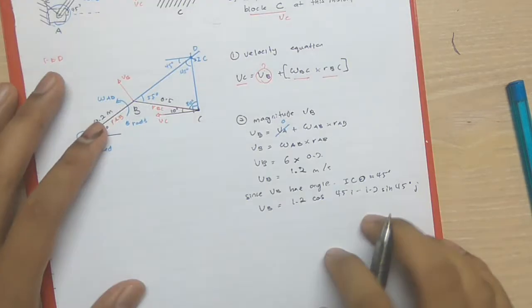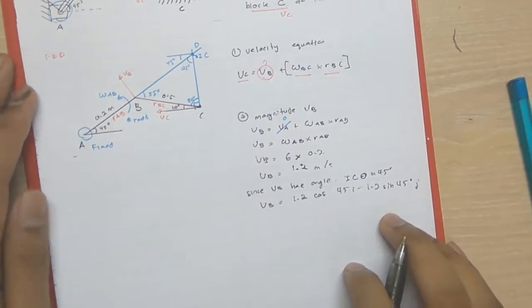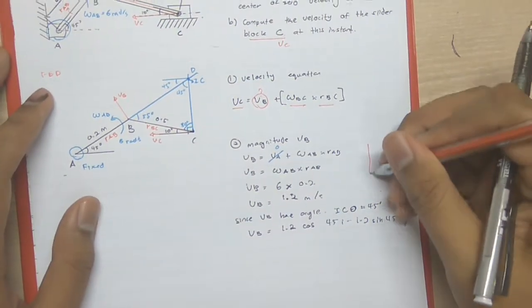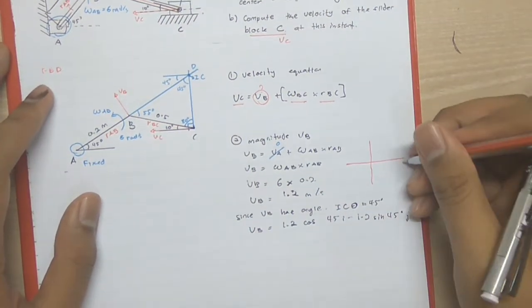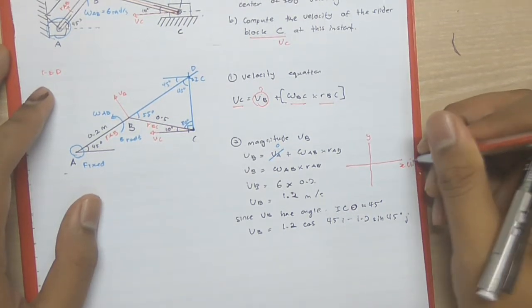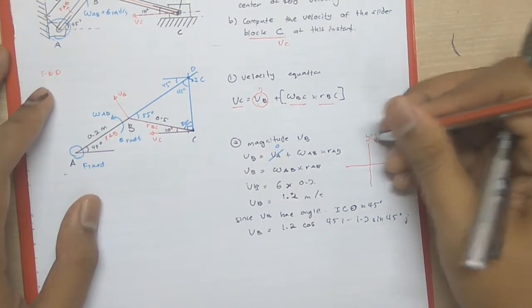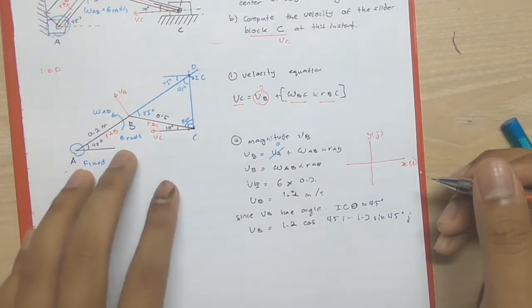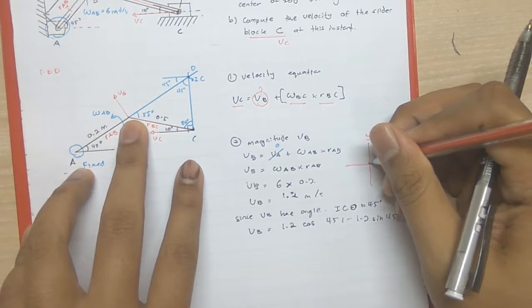How did I get this? It's from the axes. This is the x axis, this is the y axis, x for i, y for j. From here we see VB is at 45 degrees here.